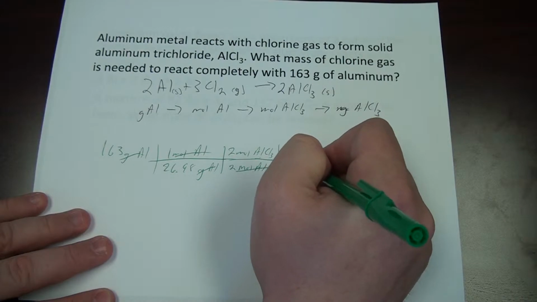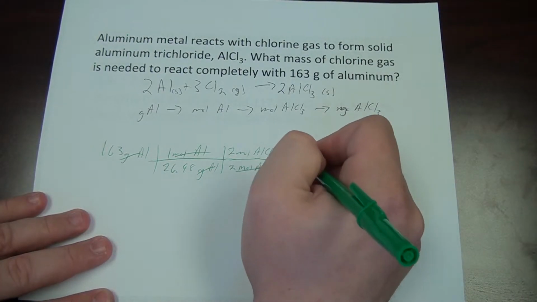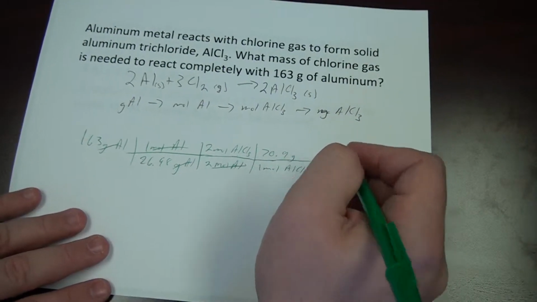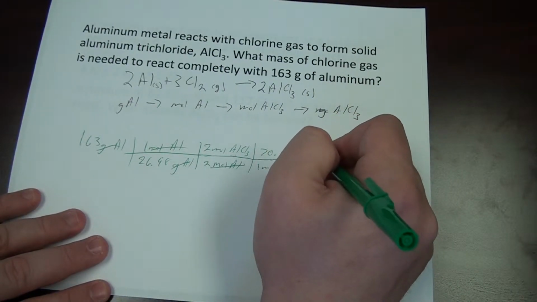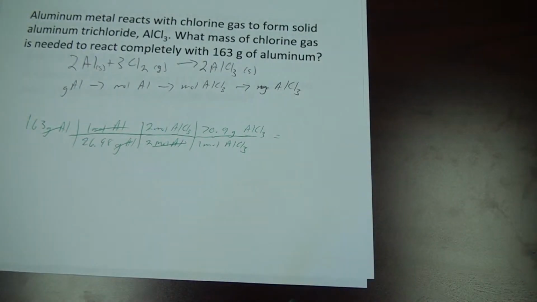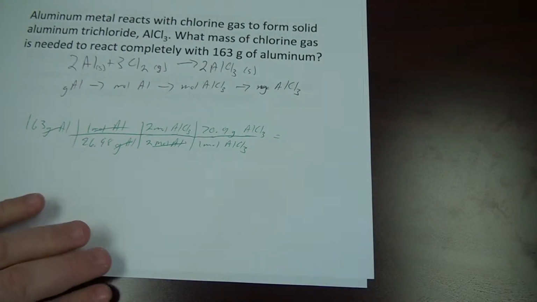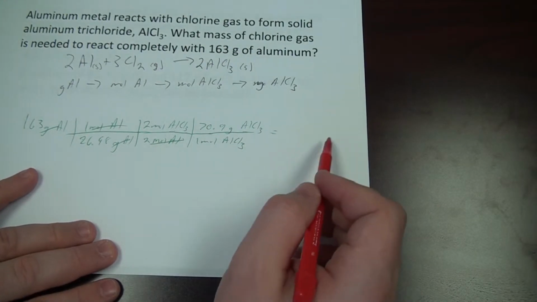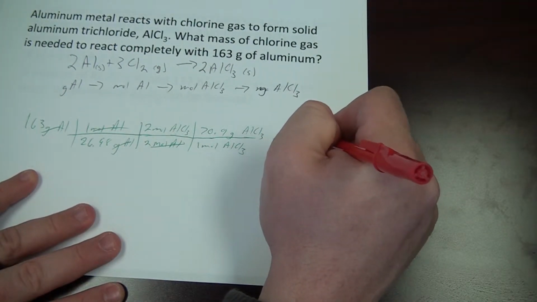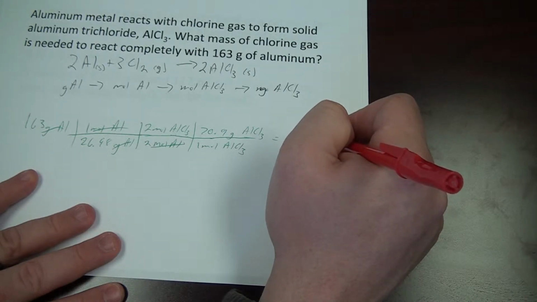For every 1 mole of aluminum trichloride, we have a mass of 70.9 grams of aluminum trichloride. So this gives us a mass, again, with significant digits. We have 3 here, so we want our final answer to have 3 significant digits, so it's going to be 642 grams.